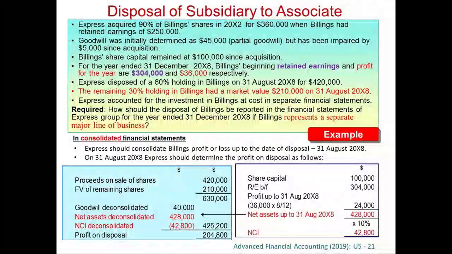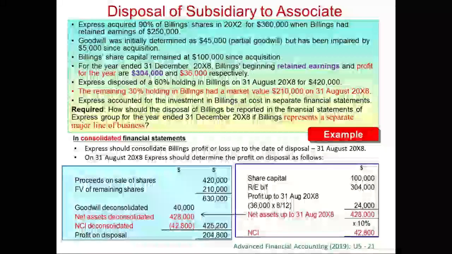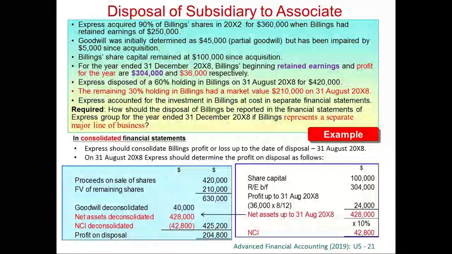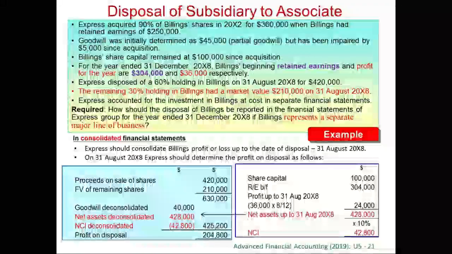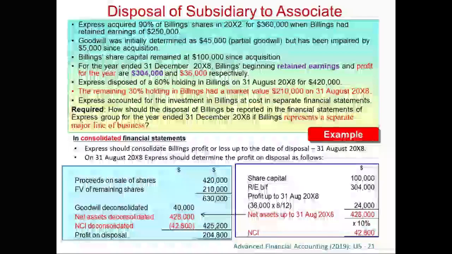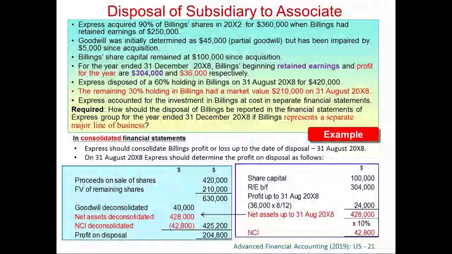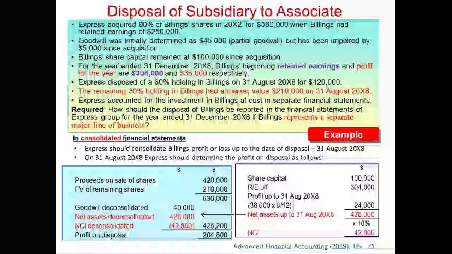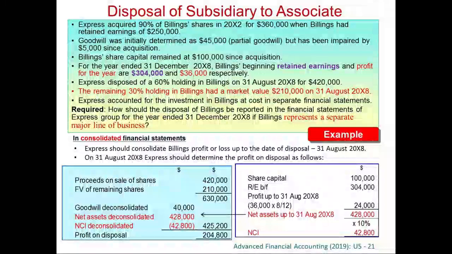The question says that the goodwill was 45,000, but 5,000 has been impaired. So therefore, the remaining goodwill is 40,000. If we did not dispose the subsidiary, we should have a goodwill of 40,000. But because we disposed already, no longer we can consolidate, and therefore we don't have this 40,000.